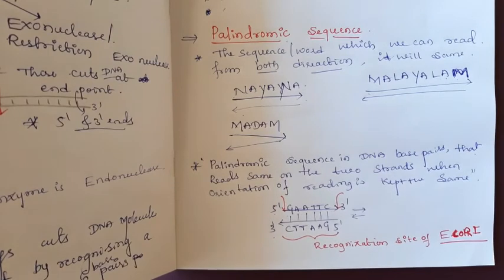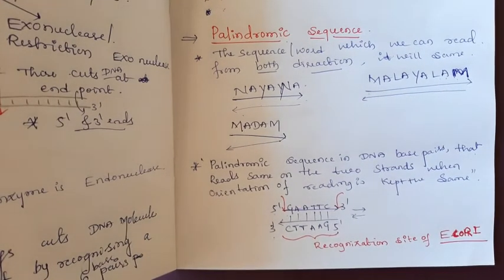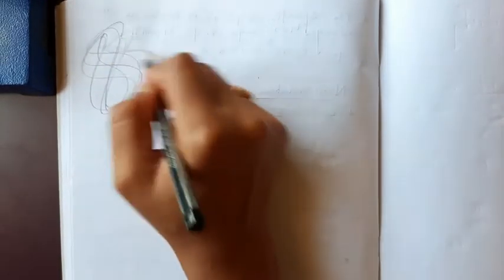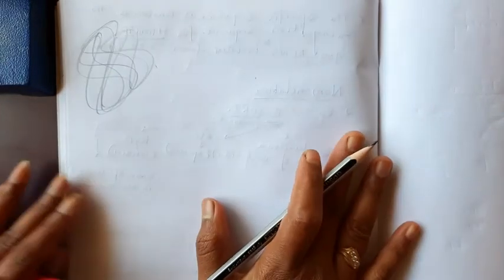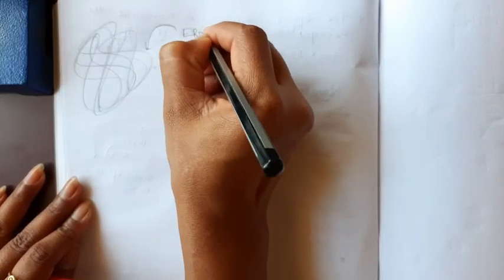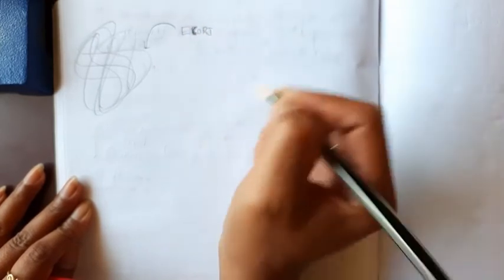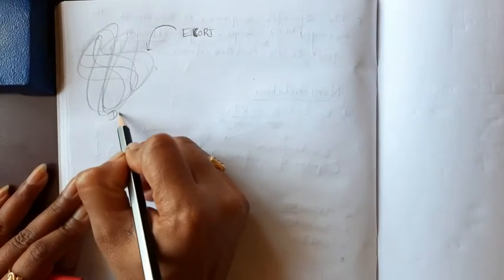EcoR1 cuts the DNA whenever or wherever this sequence is present. I will explain this. Here consider this much of DNA is isolated, we added EcoR1 restriction enzyme to this DNA.